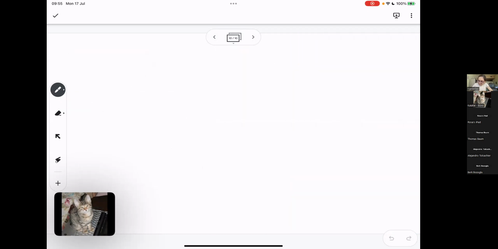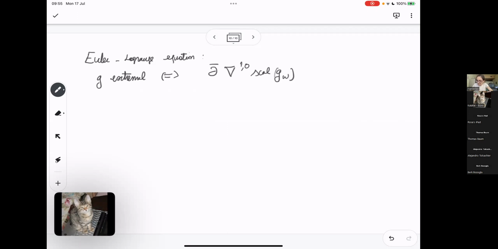And so when you write the Euler-Lagrange equations for this, which is again a really good exercise in Kähler geometry, you conclude that omega is extremal if and only if the following thing happens. The 1,0 part of the gradient of the scalar curvature needs to be holomorphic.